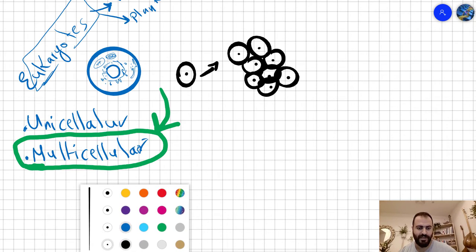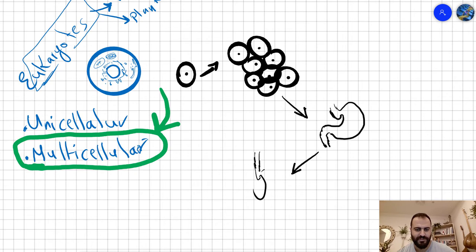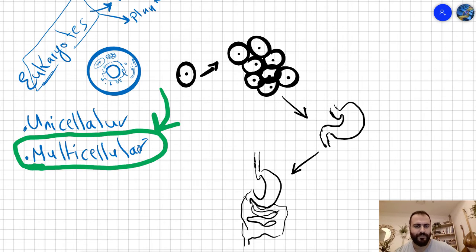Then many tissues working together form an organ. And many organs working together to perform a specific function form an organ system. So these are the levels of organization in a multicellular living organism.